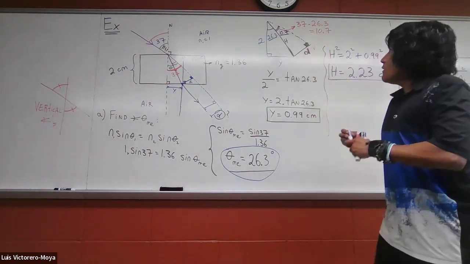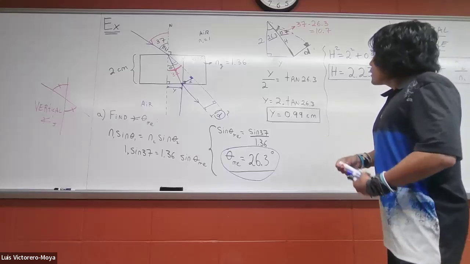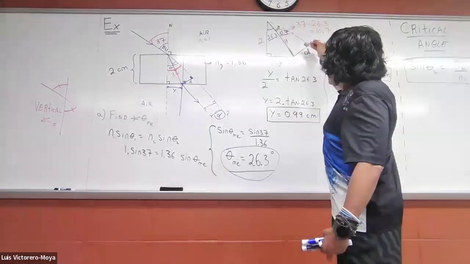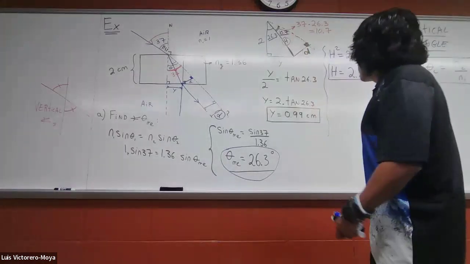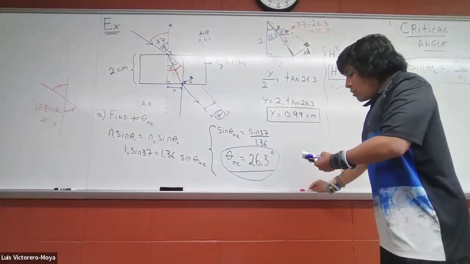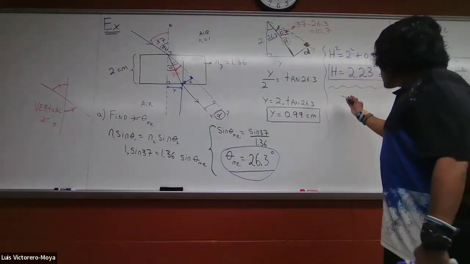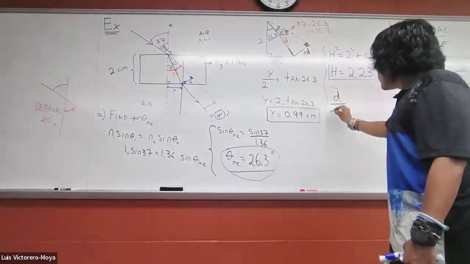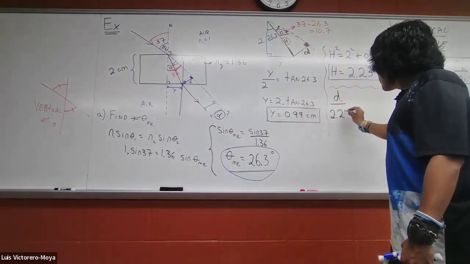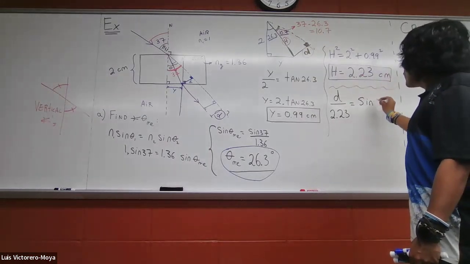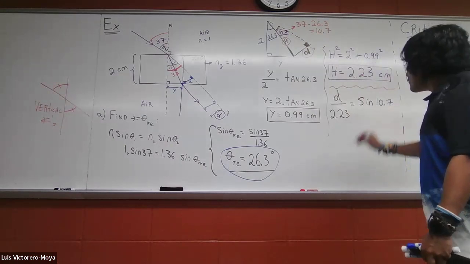And then I can find D, right? So I have opposite over hypotenuse. So let's use this. Opposite over hypotenuse is equal to sine of 10.7 degrees.